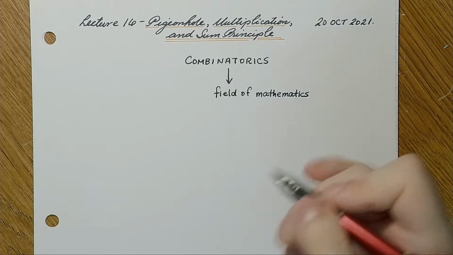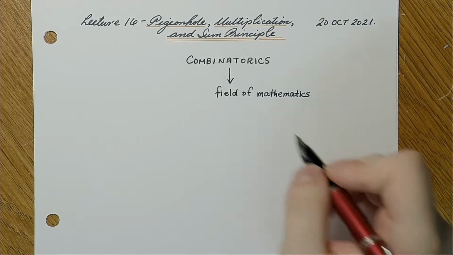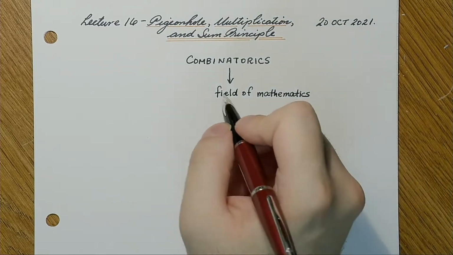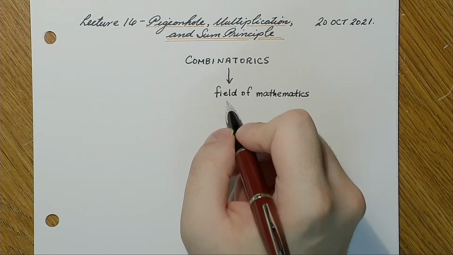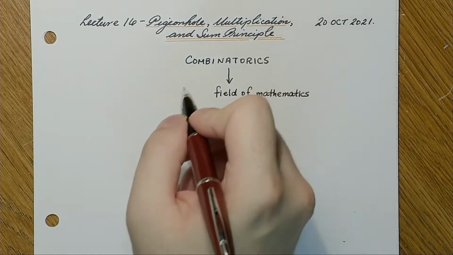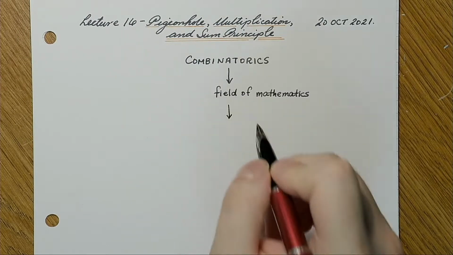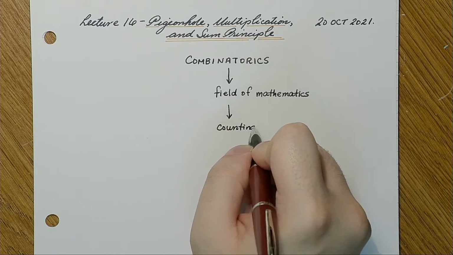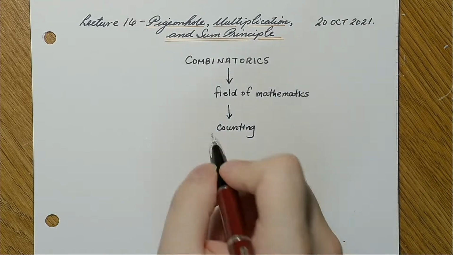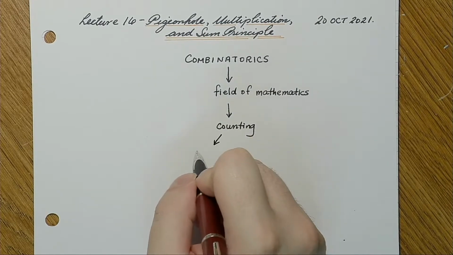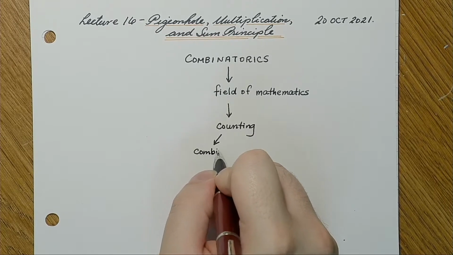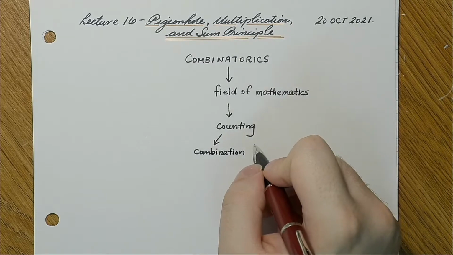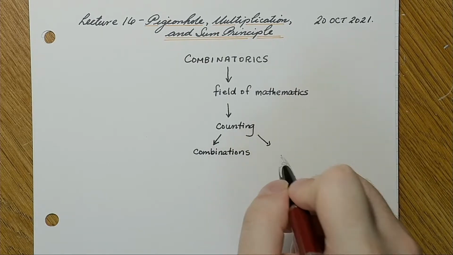We have algebra, we have probability. Combinatorics is part of discrete mathematics, and it's concerned about counting: combinations of things, how many ways of doing or combining, configurations.